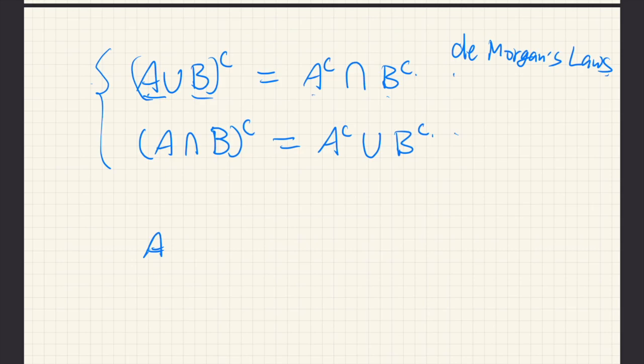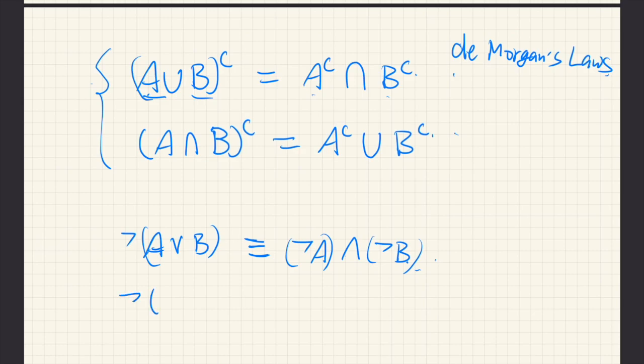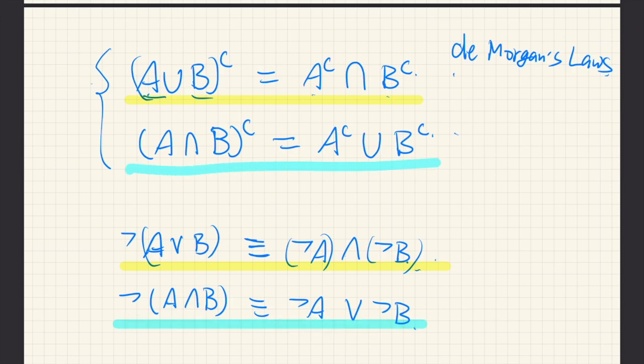So A or B, if we negate it, is equivalent to negation of A and negation of B. So this was De Morgan's law for propositions. And similarly, the negation of A and B is equivalent to negation of A or negation of B. So this one corresponds to this one, and this one corresponds to this one.